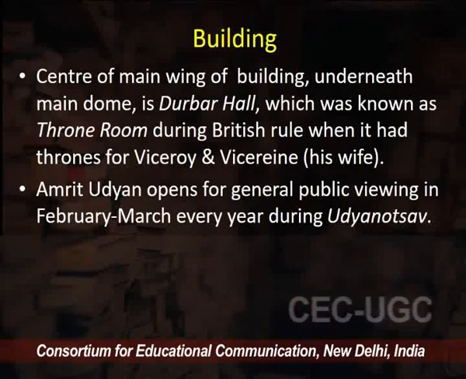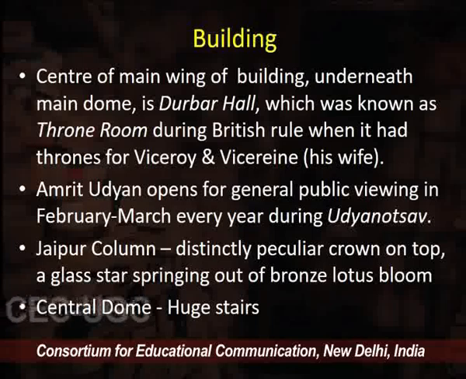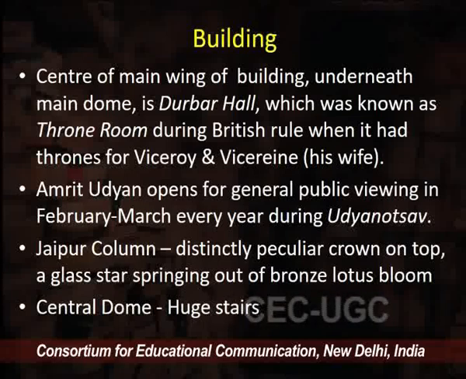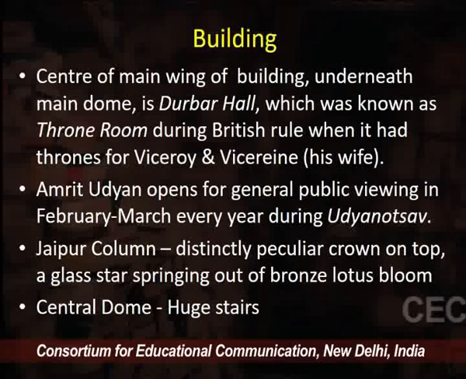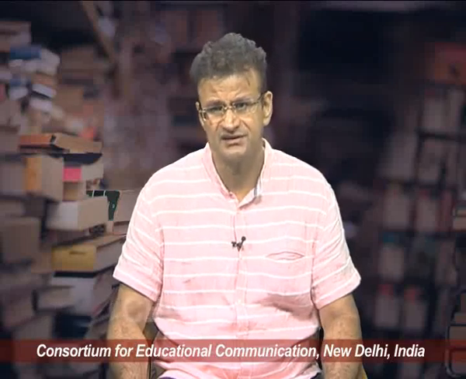And when one visits Rashtrapati Bhavan, there is a column known as the Jaipur column, which is distinctly peculiar, with a crown on top and a glass star springing out of a bronze lotus bloom. That is visible when one is climbing down the huge stairs near the central dome. So these are some of the important architectural features of Rashtrapati Bhavan.